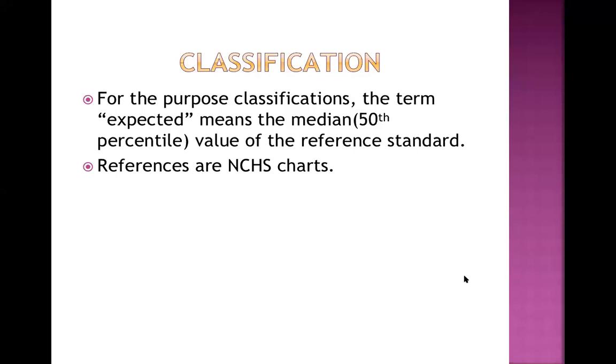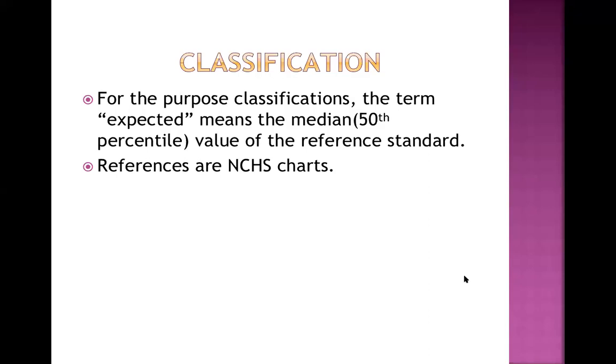So if you see any percentile chart of NCHS or CDC, there are different lines like 5th percentile, 10th percentile, 25th percentile, 50th percentile, 75th percentile, or 95th percentile. So we always should plot it and then see where it falls.